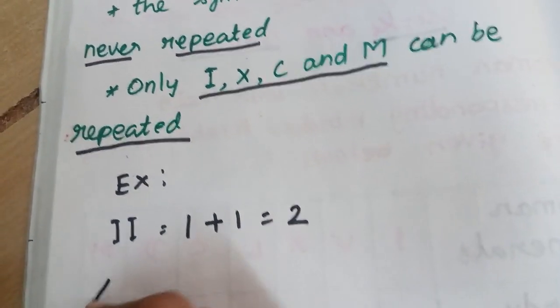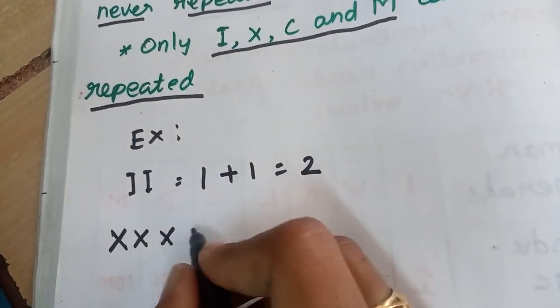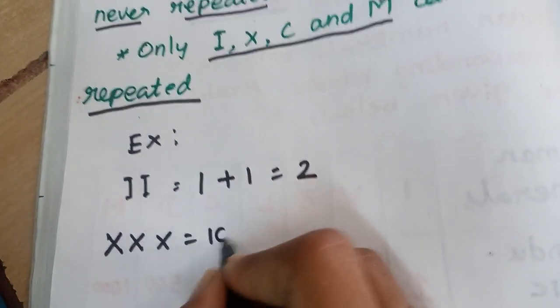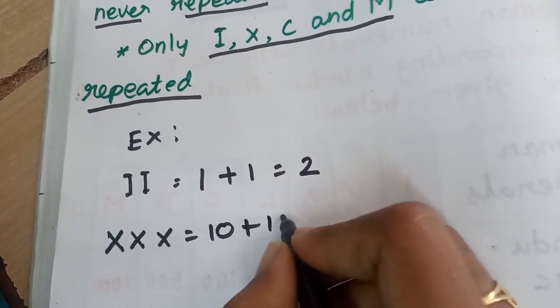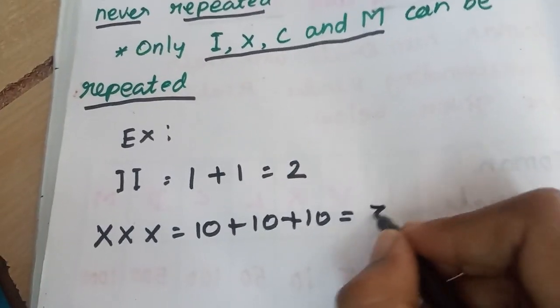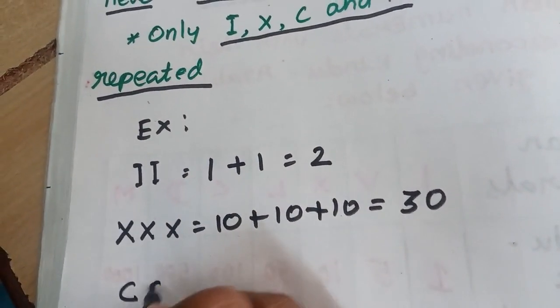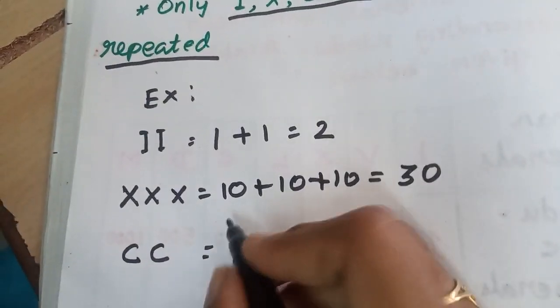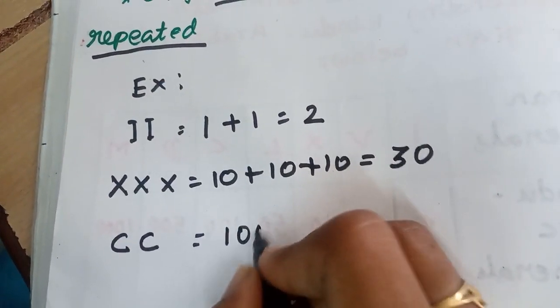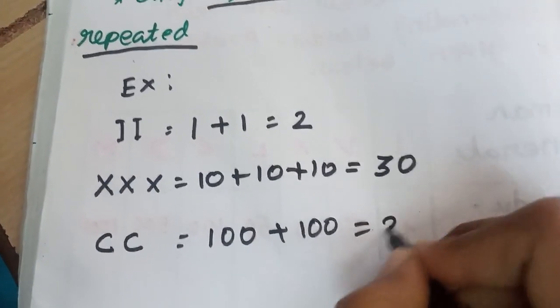Next, X denotes 10. Three times 10: 10 plus 10 plus 10 equals 30. Next, C means 100. 100 plus 100 equals 200.